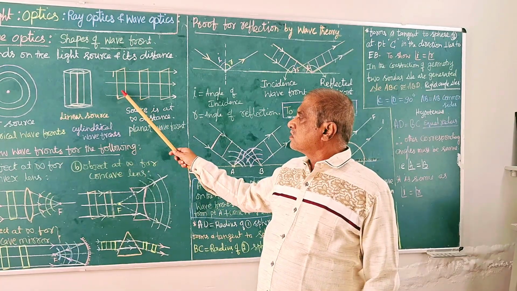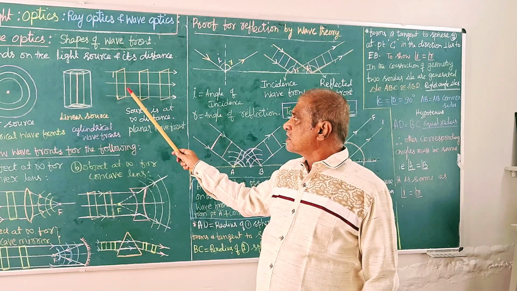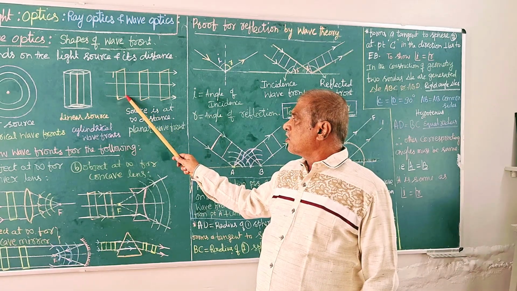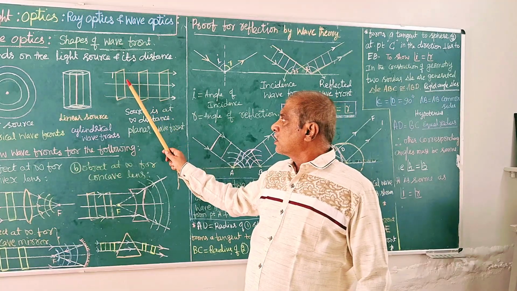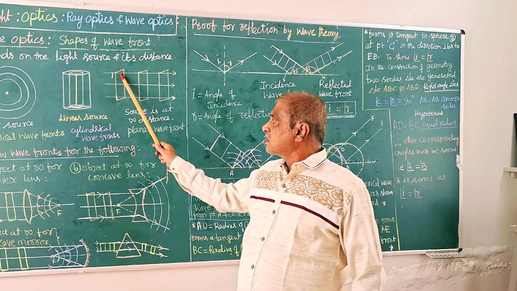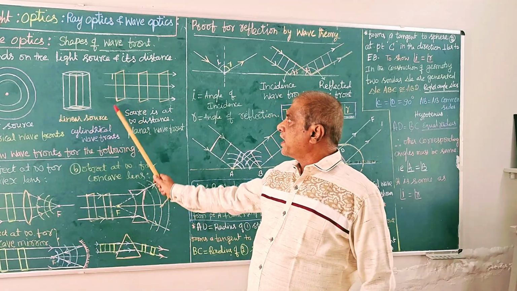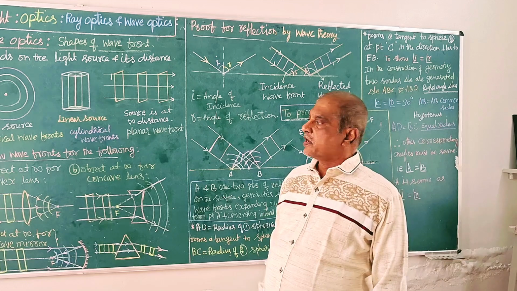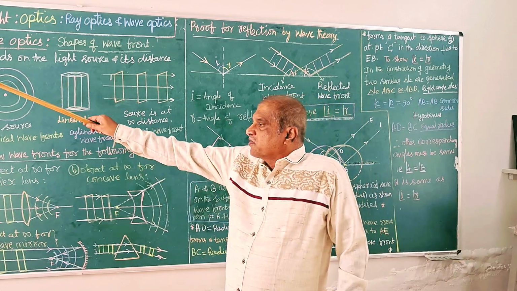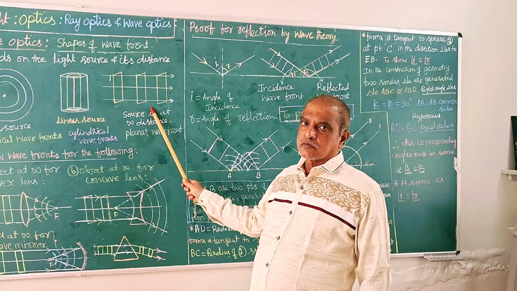Here, this says the shape of the wavefront, and the rays represent the propagation of wavefronts and the direction. They are always perpendicular to the wavefronts, showing the direction of propagation of wavefronts. This is best suited when the light is coming from a source at infinite distance.